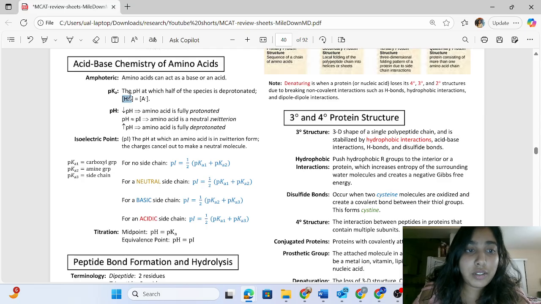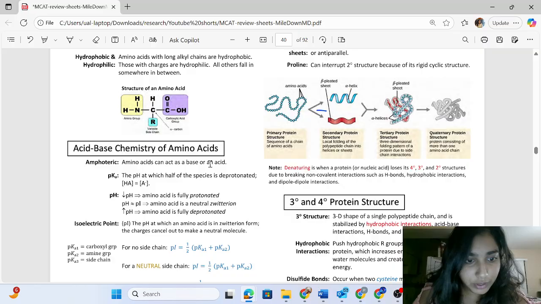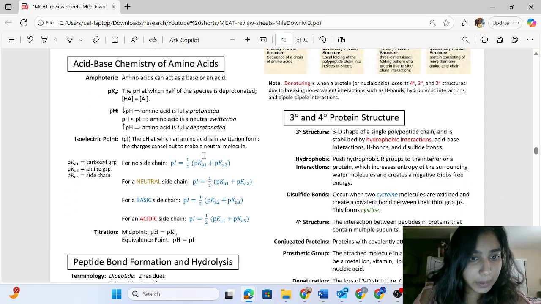So it looks like this. And if you see the formula, I can write it up for you guys.